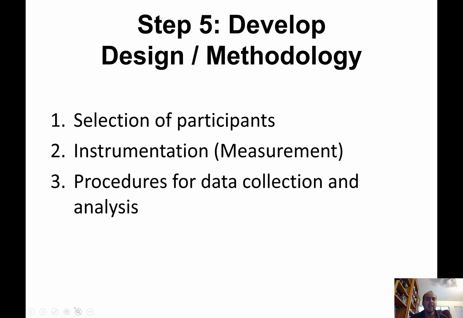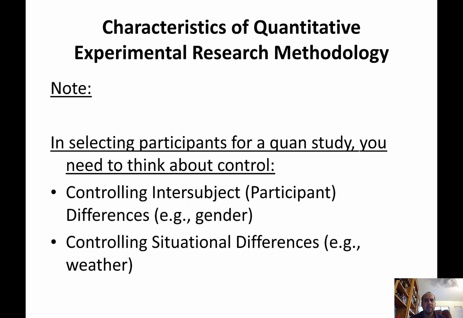Okay, developing a design and methods. First you select your participants, then you select your instruments and measurements, and I'm probably going to have another video that goes through an example of how to do that, and the procedure for data collection and analysis. You write those up.